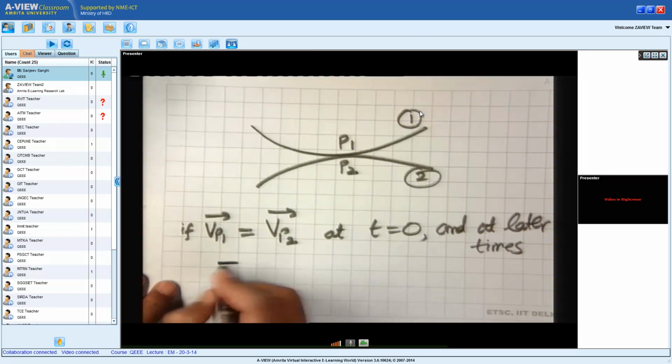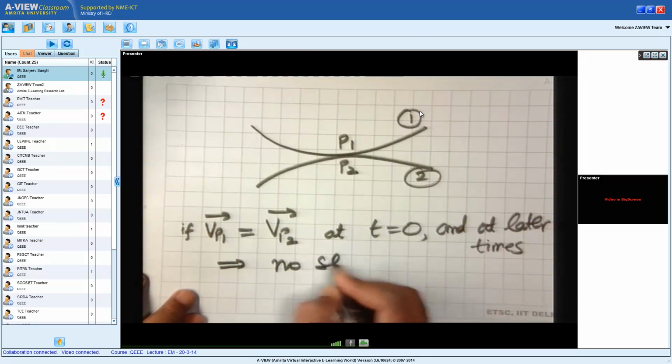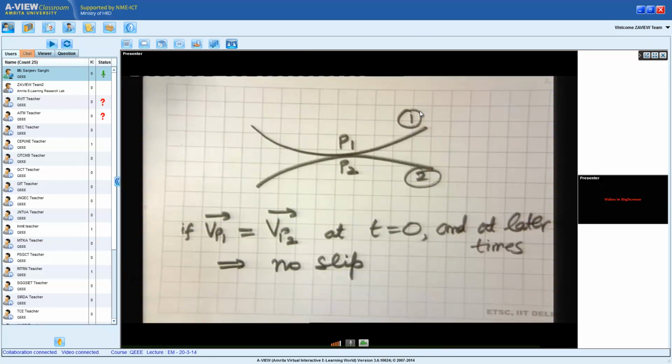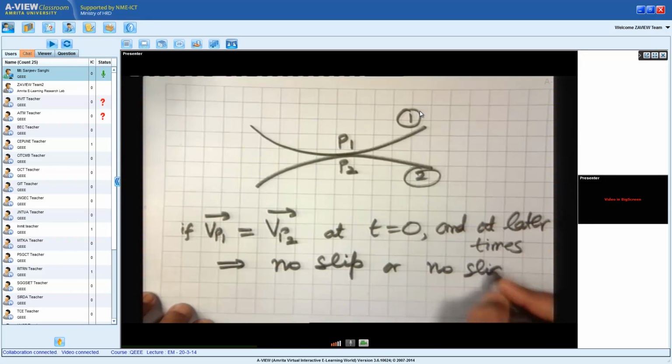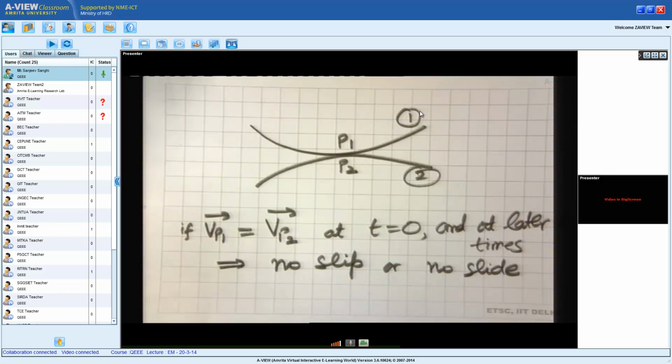This is what we call a condition of no slip, or no slide. That means both the points do not have a velocity with respect to each other.